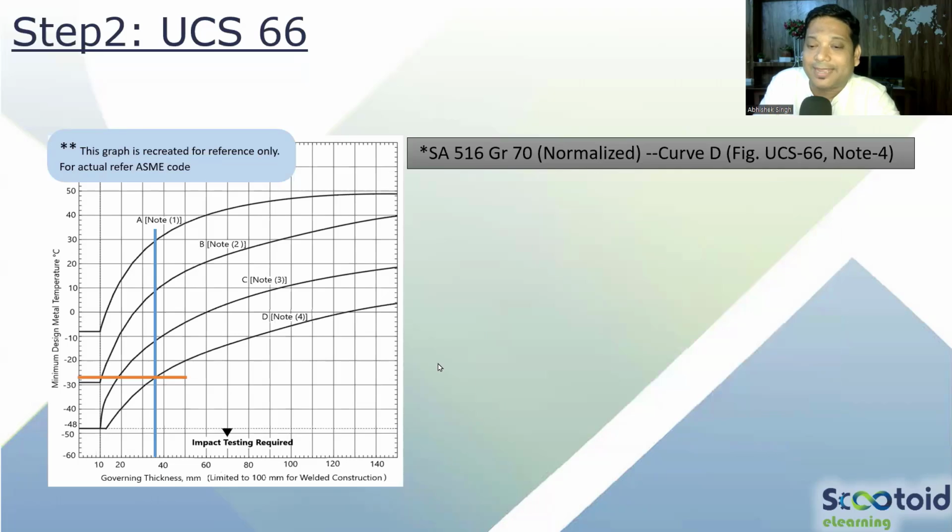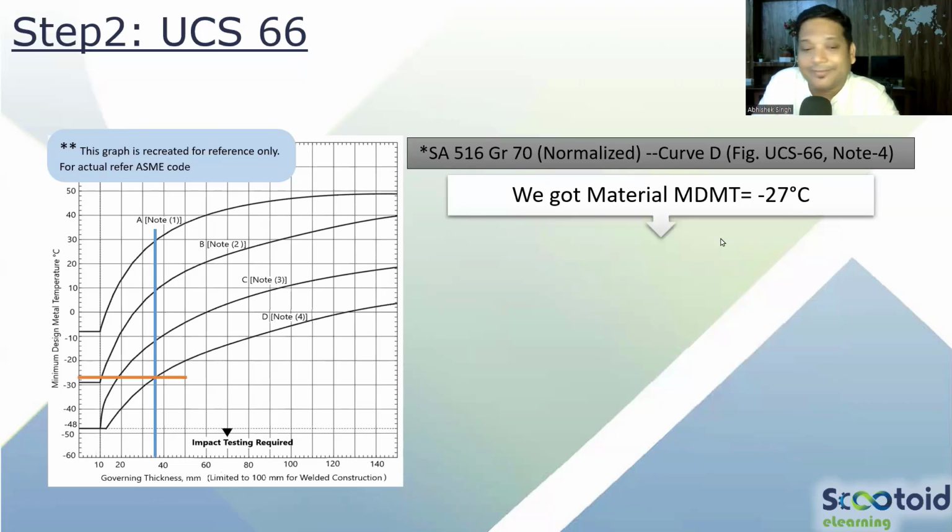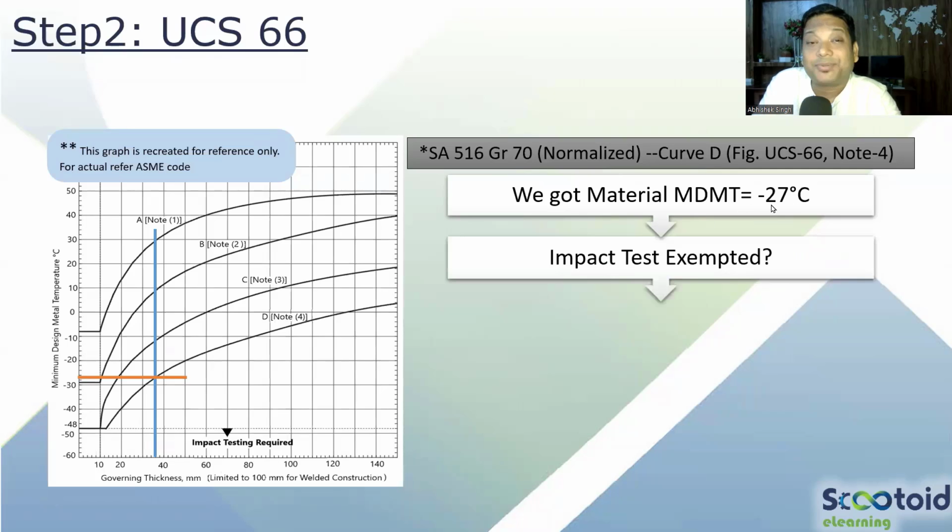Let us see what we have calculated. Minus 27 is what we have taken. If you are doing an actual calculation, will you take the graph or the table values? You have to take the table, because the graph may vary at some points. So if you want to actually calculate, please take the table.